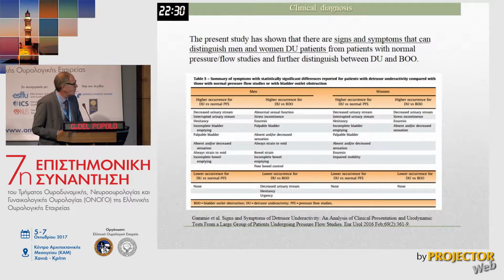At least what they found was that the only specific symptoms are just enuresis and, at the same time, stress incontinence. I don't know if it was really stress incontinence or maybe just overflow incontinence, but they defined it as stress incontinence.